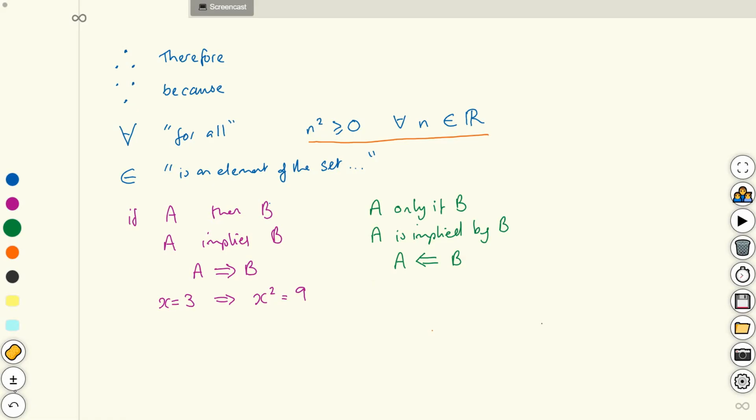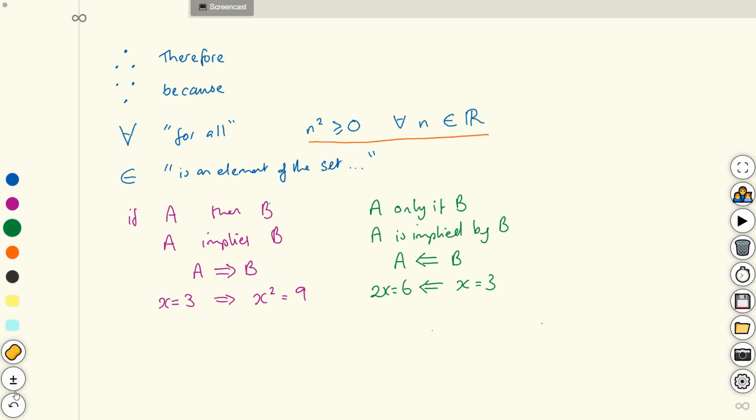So it's just writing it back to front. So for example, we could have that 2x is 6 is implied by x equaling 3. But in fact, that would be true going either way.